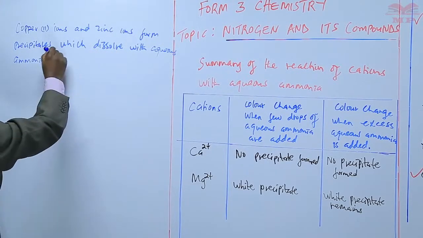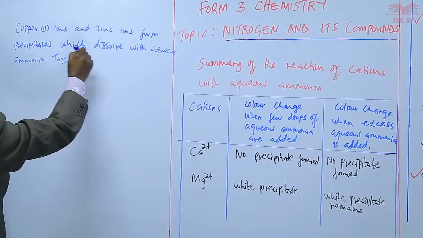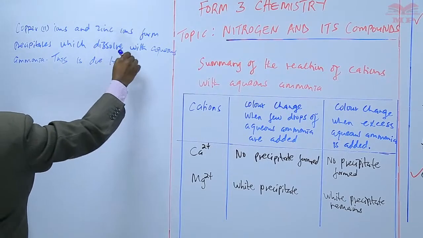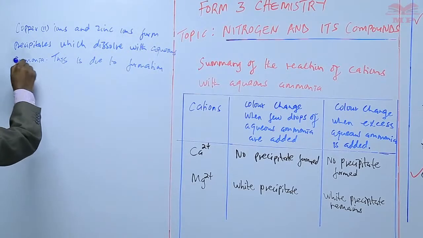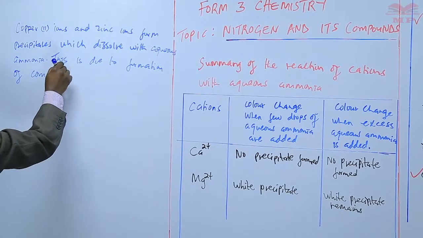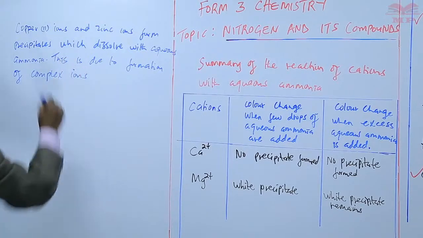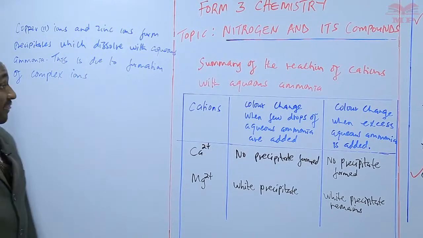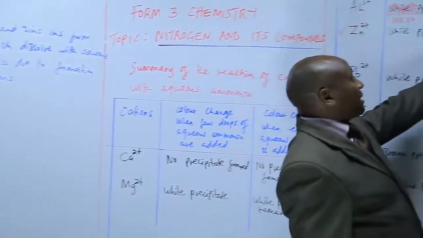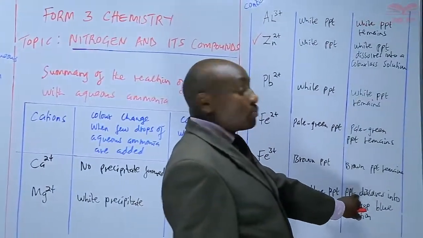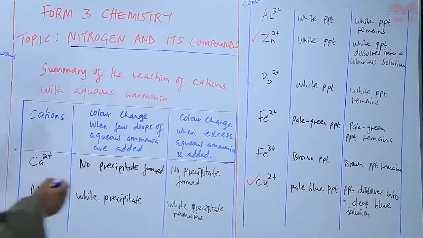And the reason for that is because this is due to formation of complex ions. Copper 2 ions and zinc ions, they have the ability to form complex ions, and that's why their precipitates are dissolving when you put excess ammonia.